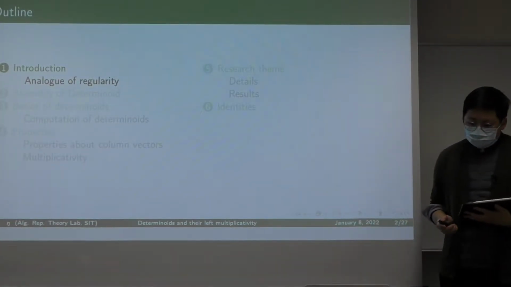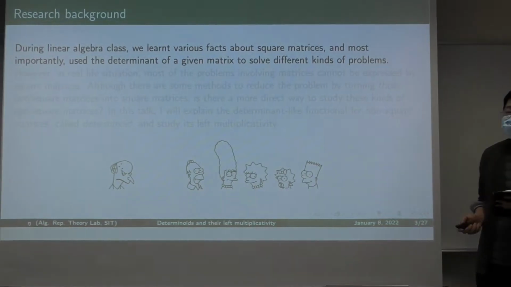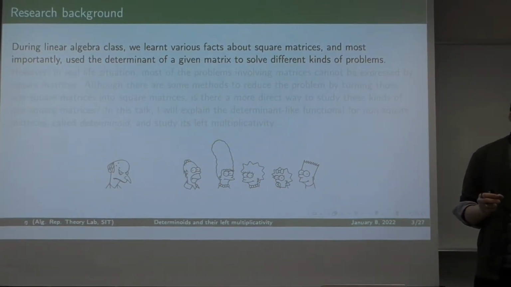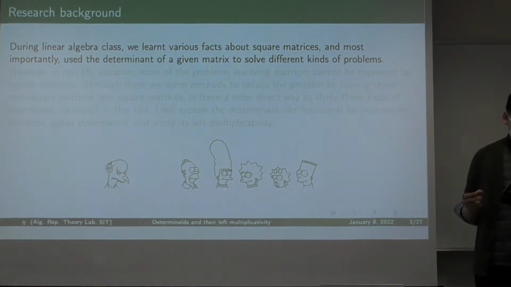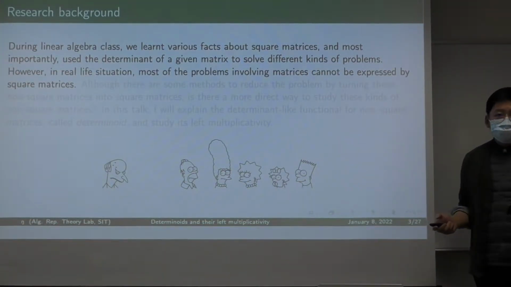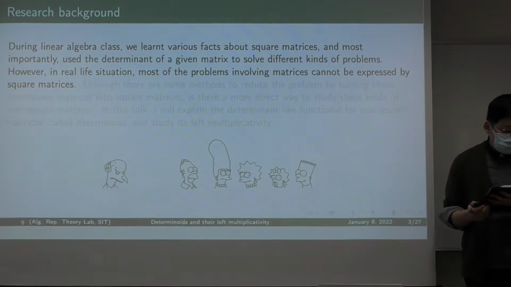Okay, so first of all, the introduction. During linear algebra class, we learned various facts about square matrices and, most importantly, used the determinant of the given matrix to solve different kinds of problems. However, in real-life situations, most of the problems involving matrices cannot be expressed by square matrices.